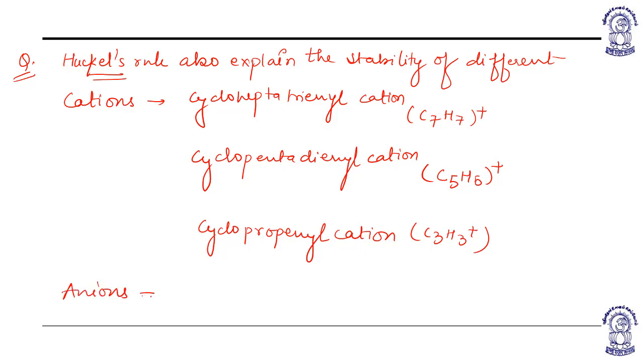Anions also, same as above: the cycloheptatrienyl anion, cyclopentadienyl anion, cyclopropenyl anion. So these are the applications of Huckel's rule in explaining the stability of all these compounds.